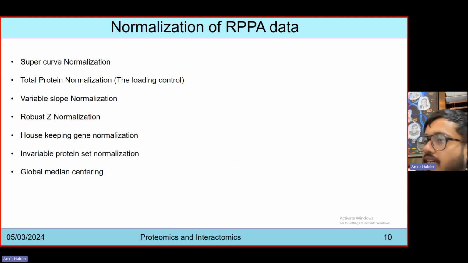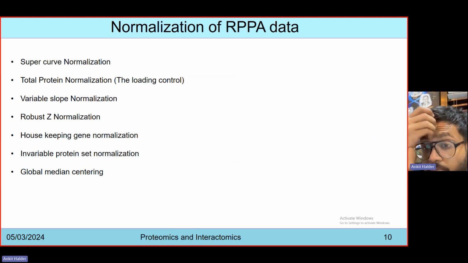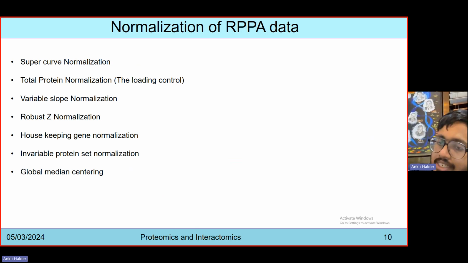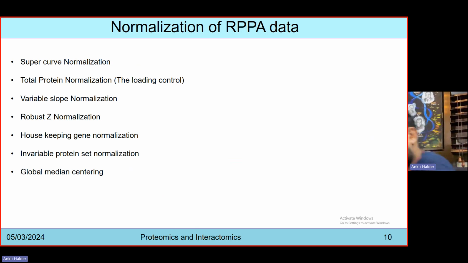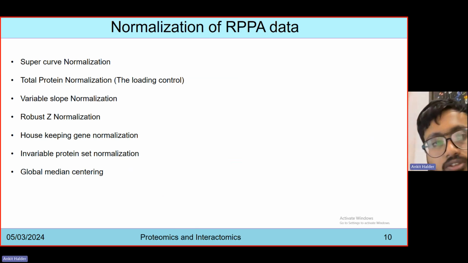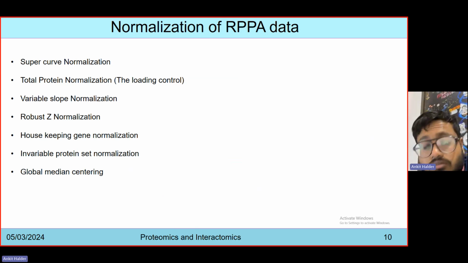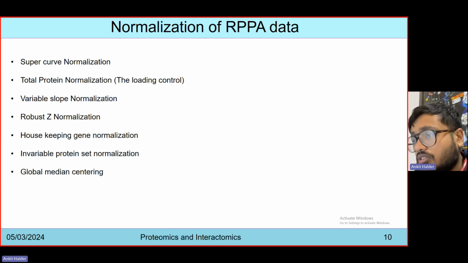So you are taking that particular gene's value, which will remain the same across the samples because it's a housekeeping gene, and whatever variations you are getting, on the basis of that you are trying to lower or increase the intensity of other proteins as well, which brings them to the same scale to compare between two different samples.